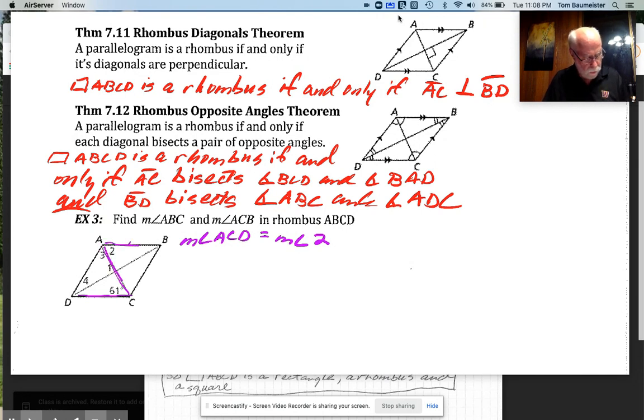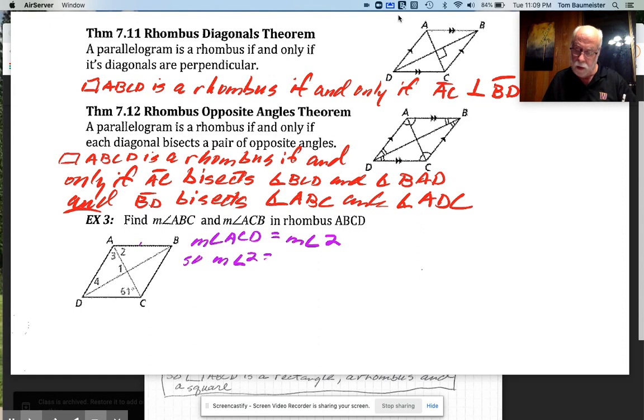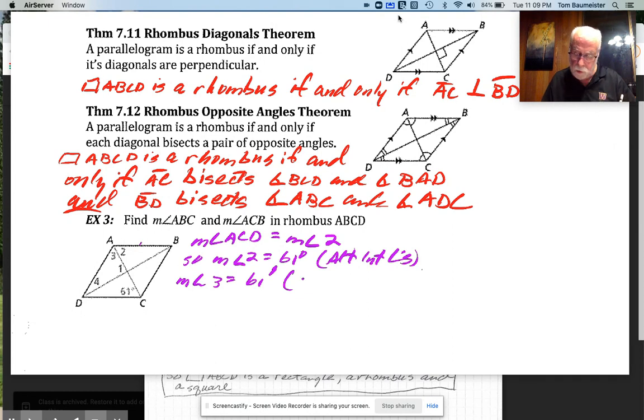What kind of angle did I just make there, people? Yep, alternate interior angles. So we can state that the measure of angle 2 is equal to 61 degrees. Again, I'll put it here in parentheses, alternate interior angles. The measure of angle 3 is also equal to 61 degrees, again, by the rhombus opposite angles theorem from above.